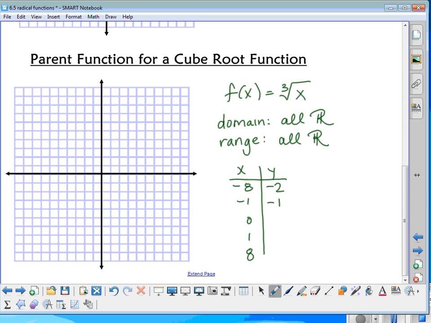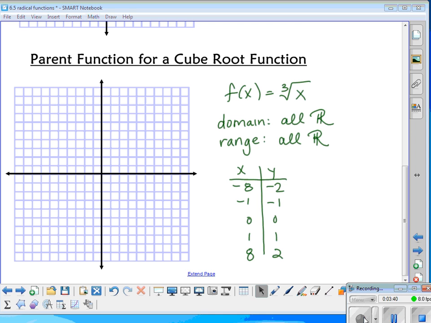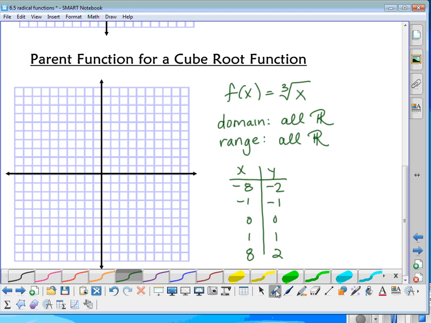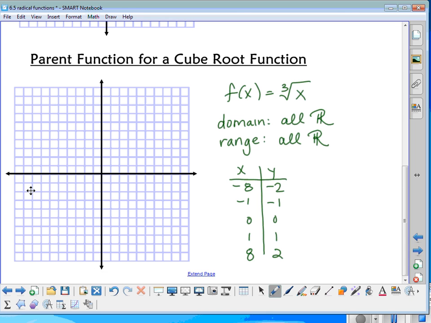And the cube root of 0 is 0, the cube root of 1 is 1, and the cube root of 8 is 2. All right, so if we graph those points, negative 8, negative 2. And so the parent graph looks something like that for the cube root.